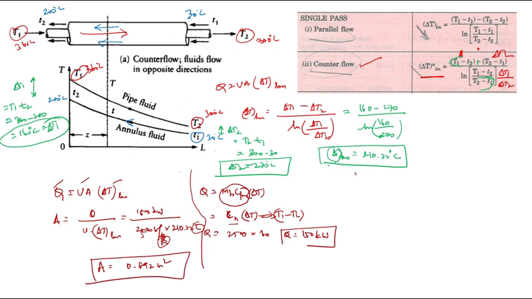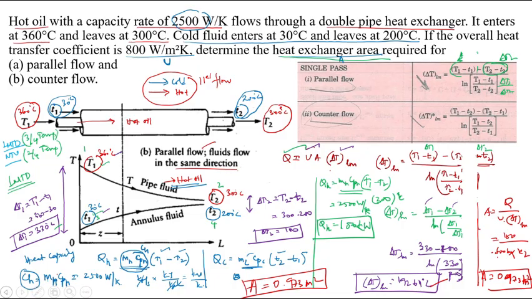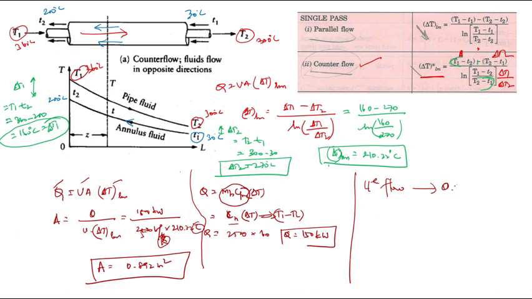So here for parallel flow, the area required is 0.973 meter square, and for counterflow the area required is 0.892 meter square.